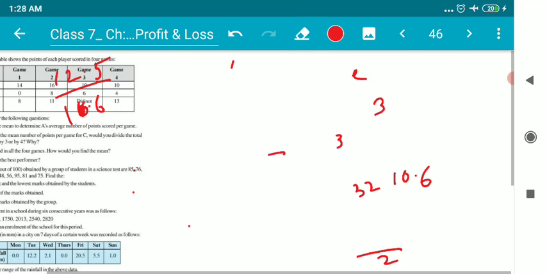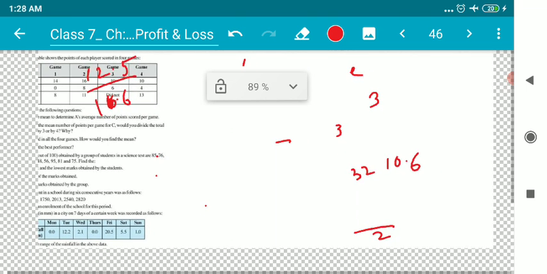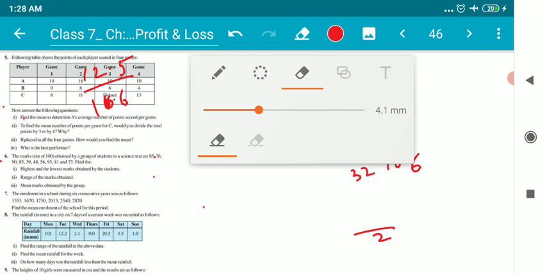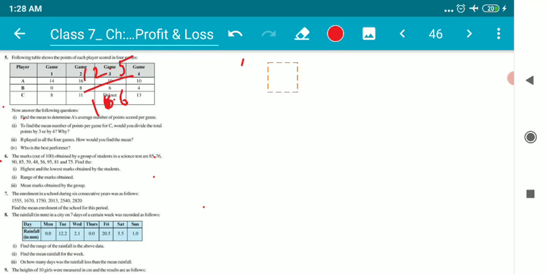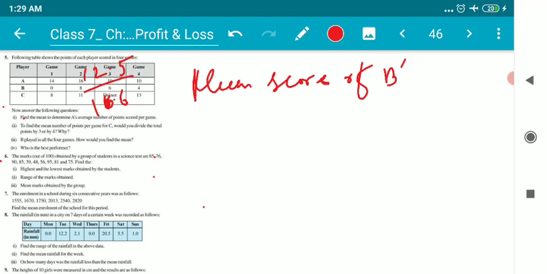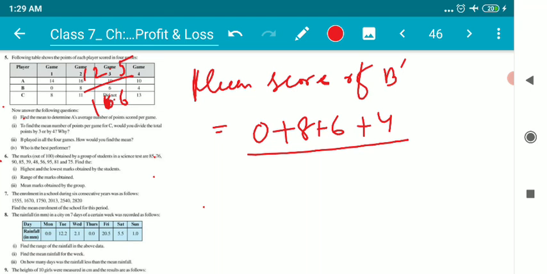The next one is question number 3. B played all 4 games. How would you find the mean? The mean score of B is, let us add them, 0 plus 8 plus 6 plus 4, divided by 4, because I have to count the 0 over here, since he played the match.